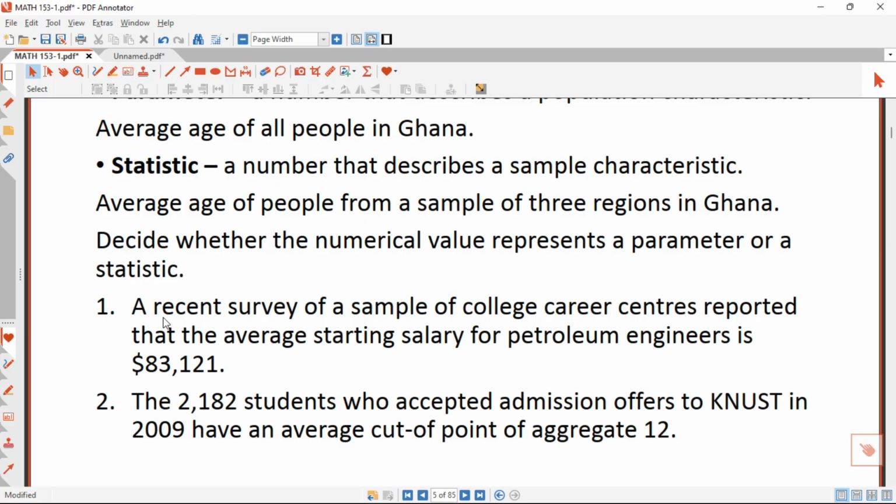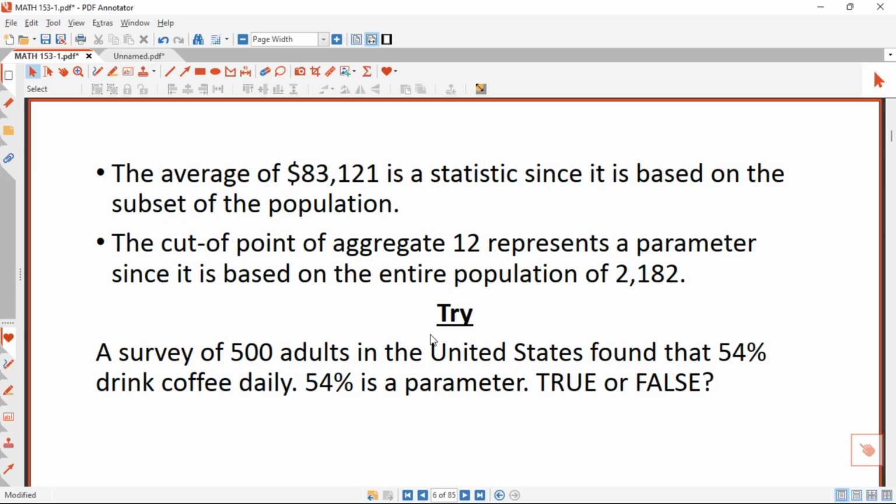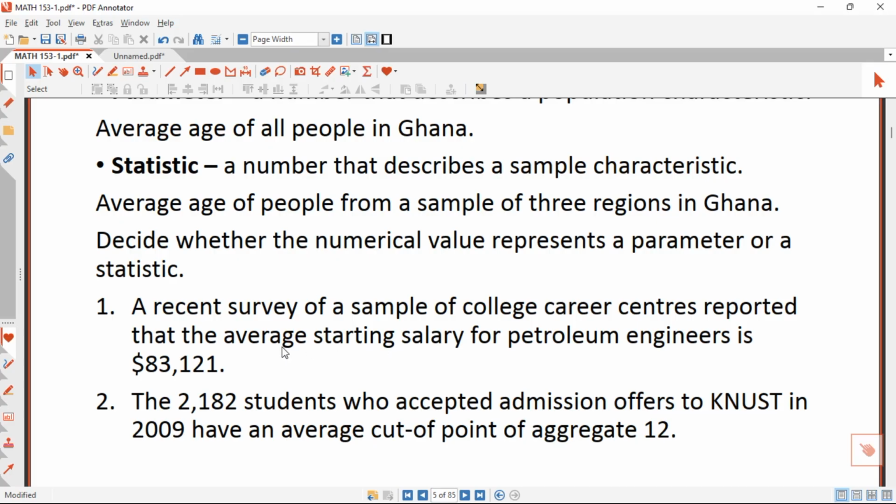Number 1 says a recent survey of a sample of college career centers reported that the average starting salary for a petroleum engineer is $83,121. Is this an example of a sample or a statistic?